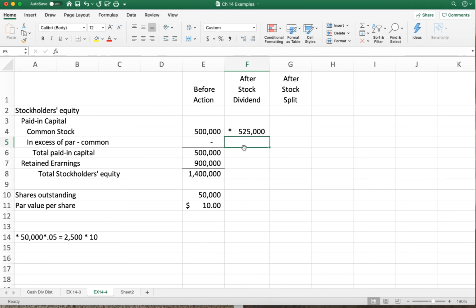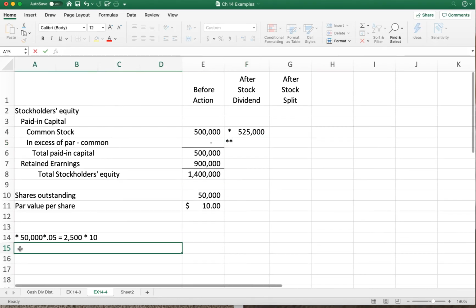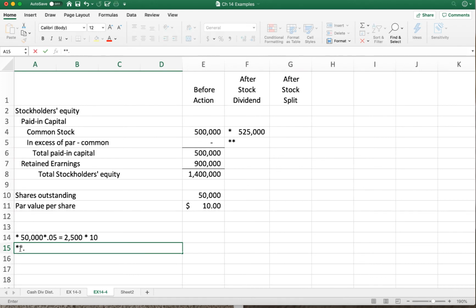Come here, put 2 stars. So here's our calculation. We know that we are going to issue 2,500 shares. We know that the market price is $14 per share. We had a par value of $10.